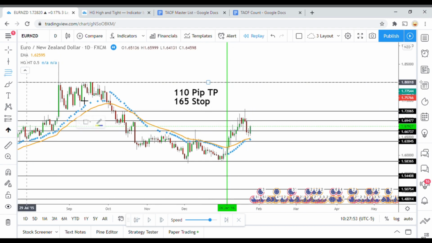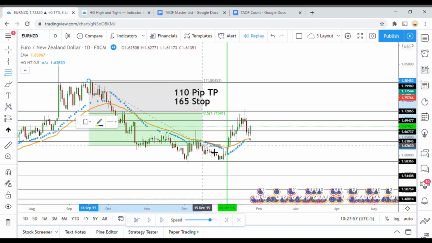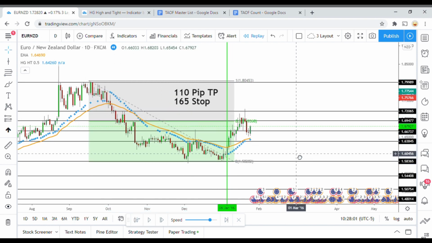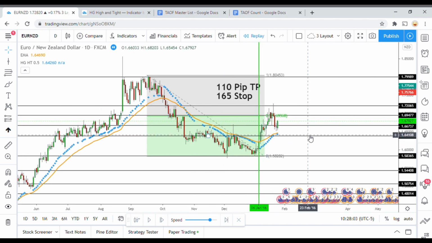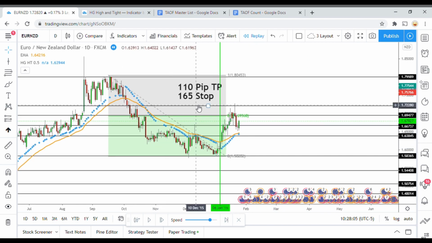In this case price action is moving up on the retracement, so we would draw a line from the uppermost point here down to the lowermost point here. I have this only set to 0.50, so basically a 50% retracement on this move.